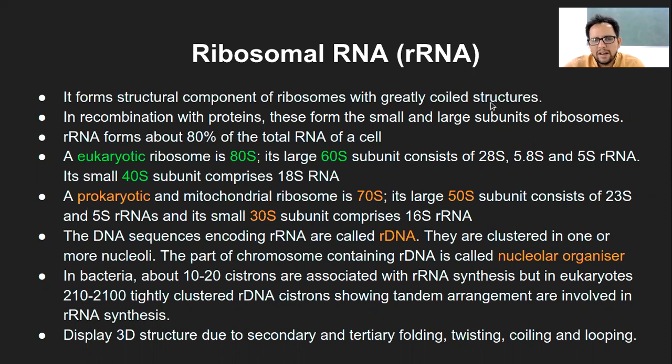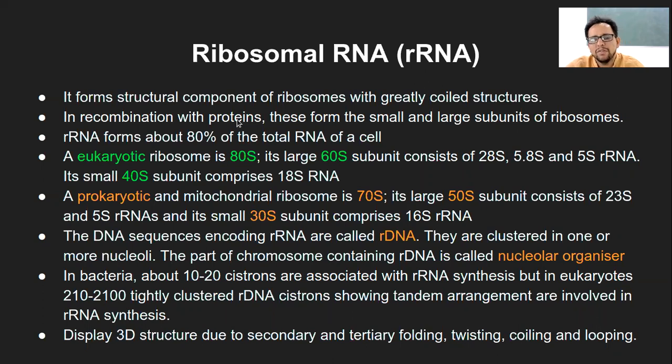So what is this rRNA or ribosomal RNA? It forms a structural component of the ribosomes with a greatly coiled structure. That means ribosomes have certain proteins and rRNA, and together these form ribosomes.